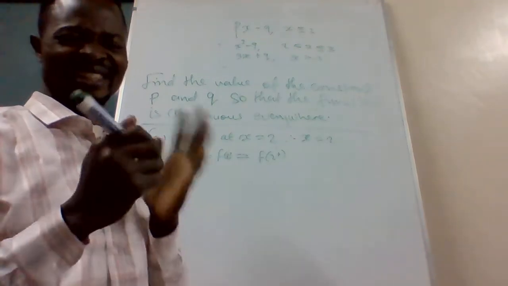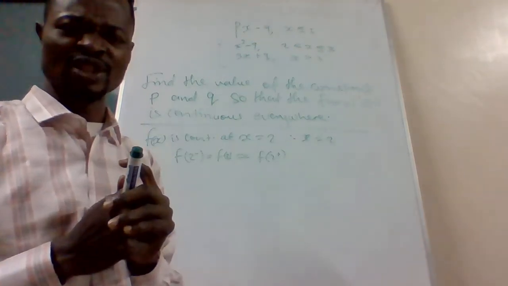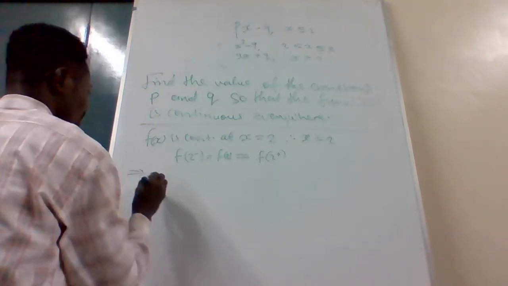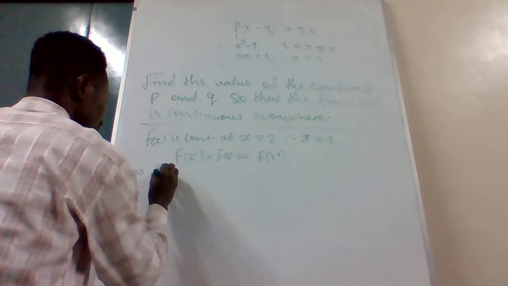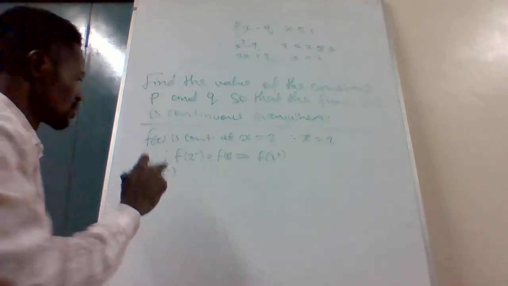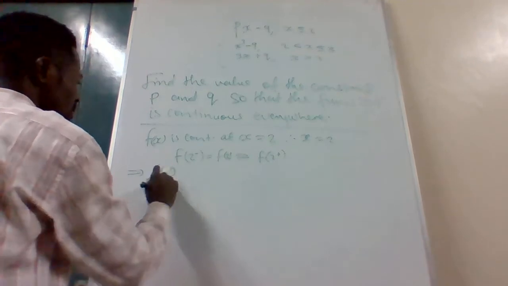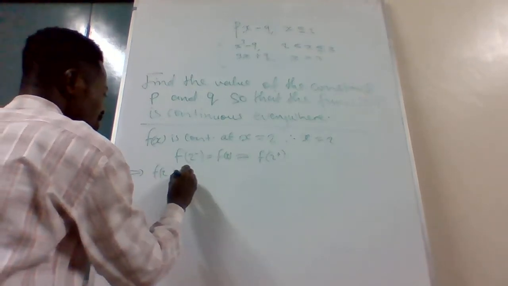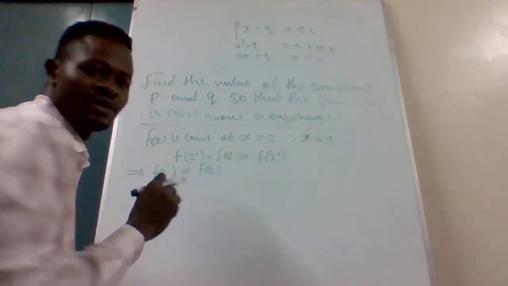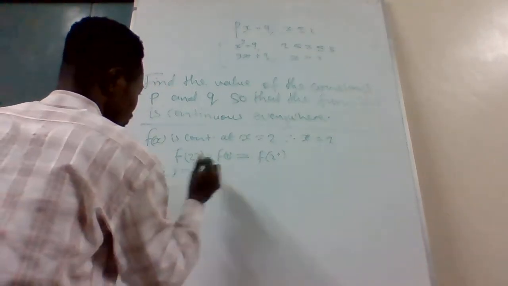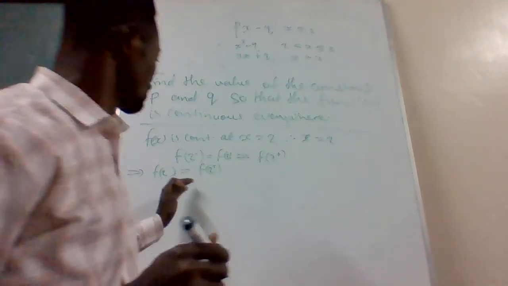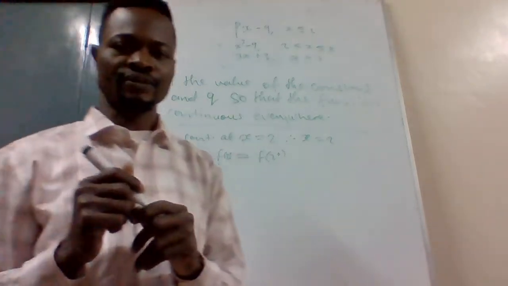It is a bit tricky, but that's exactly what you need to do. Therefore, it implies that f of 2 from the negative, which is equal to 2, is equal to f of 2 from the positive.